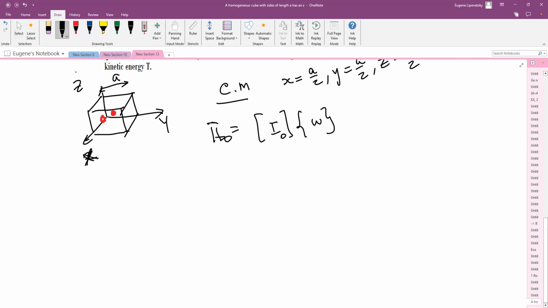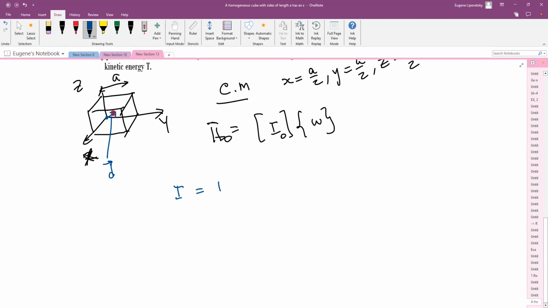I about the origin contains the following things. Let me draw this. This is going to be the vector from the origin to the center of mass. That's the vector D. We need this to find the products of inertia, right? So the I about all three axes will be the same, right?